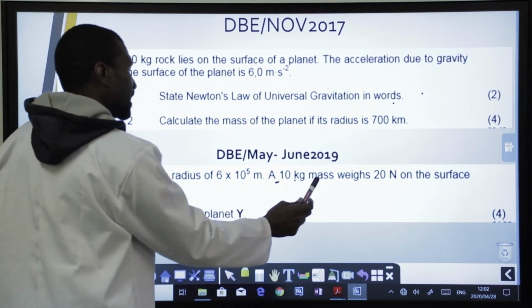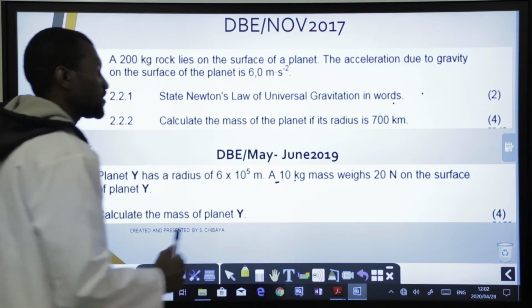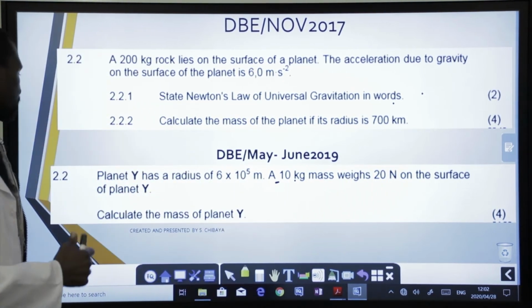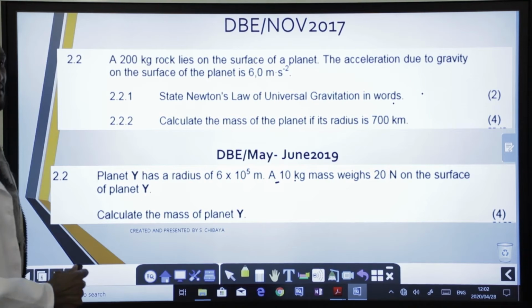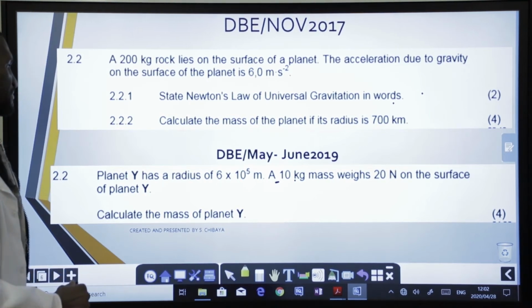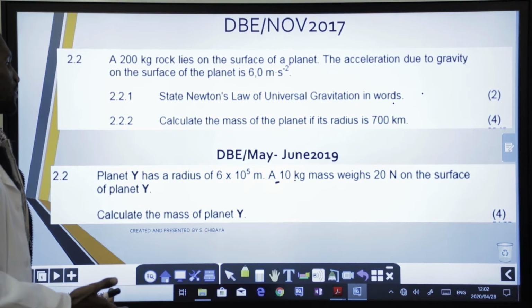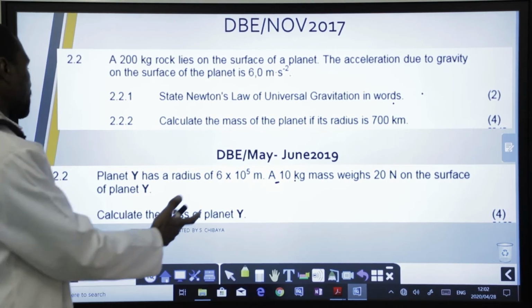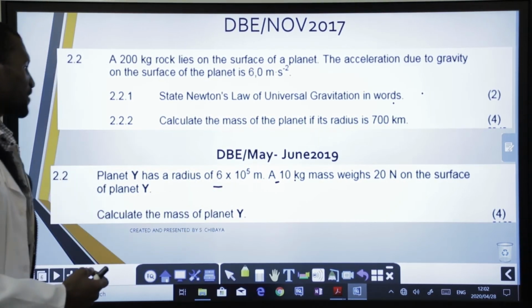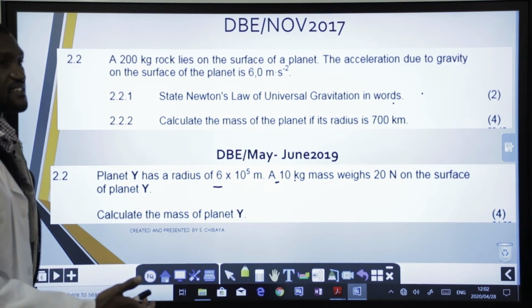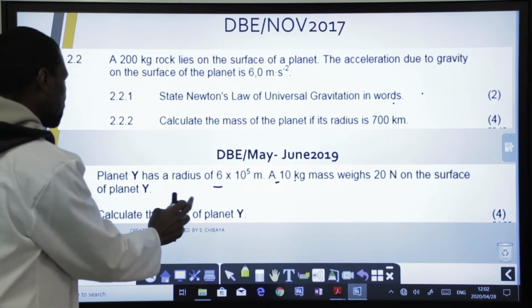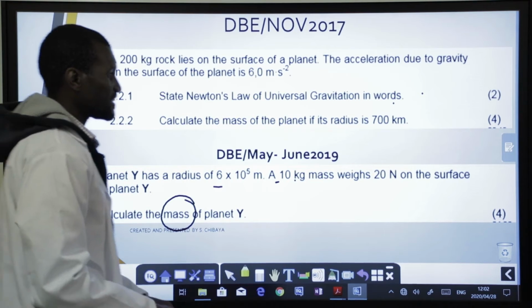A 10 kg mass weighs 20 kg on the same surface of planet Y. Calculate the mass of planet Y. What do we know? We know the weight. We know the radius of that planet. We want to find the mass of that planet.